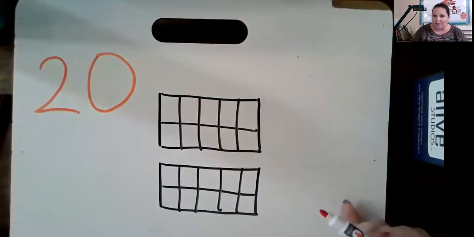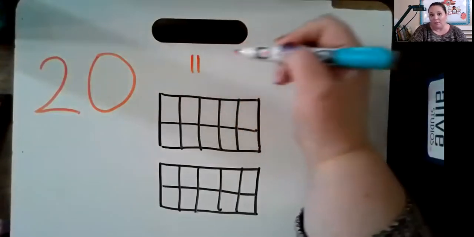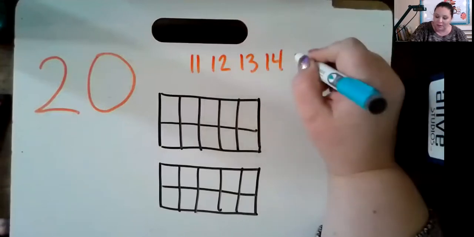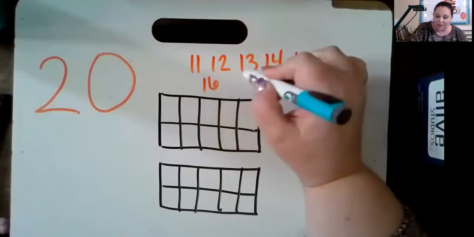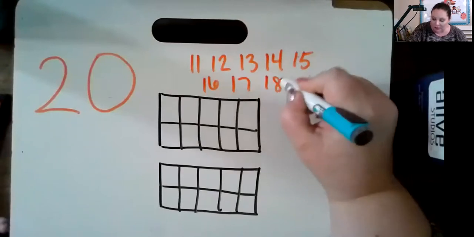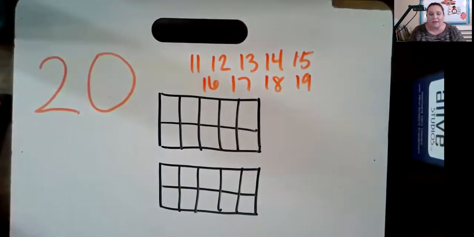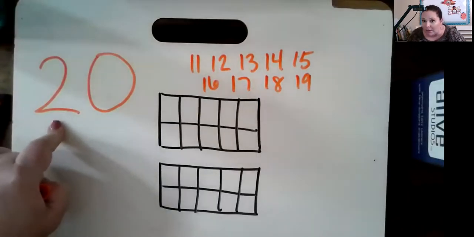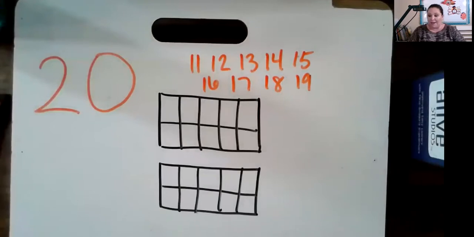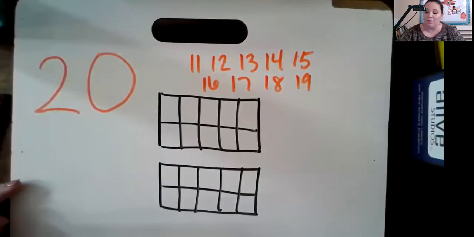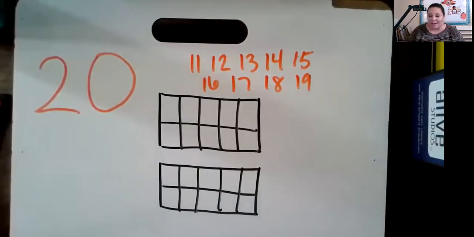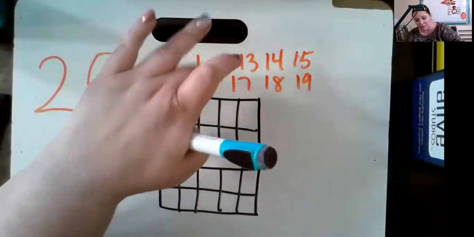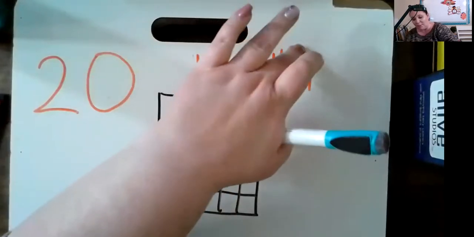We've been writing all these numbers that start with 1, 11, 12, 13, 14, 15, 16, 17, 18, and 19. But now we've got a 2 up here. Well, the reason is because of something very similar, and actually the same reason why we put a 1 in front of these numbers.